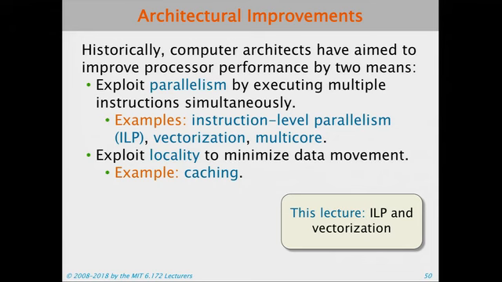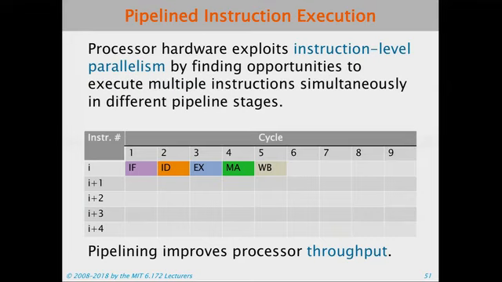So let me talk about instruction-level parallelism. When you have, let's say, a five-stage pipeline, you're interested in finding opportunities to execute multiple instructions simultaneously. So on instruction 1, it's going to do an instruction fetch, then it does its decode, and so it takes 5 cycles for this instruction to complete.